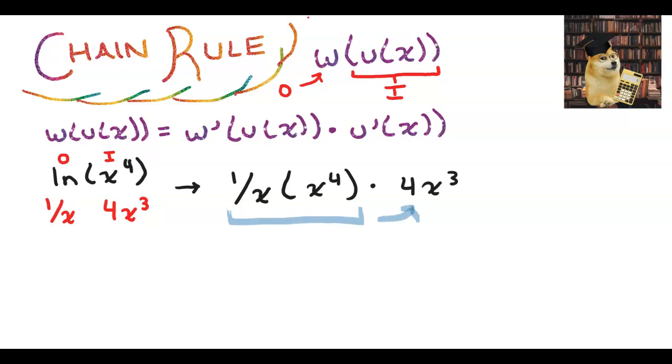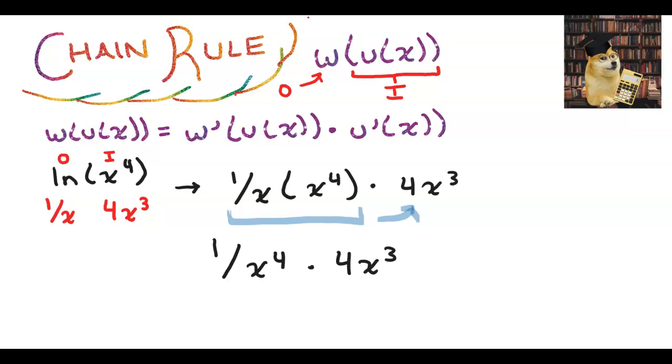So let's do it. 1 over x to the 4. In this case, guys, we multiply the x because we have that value missing. So x times x to the 4 becomes 1 over x to the 4. We are just missing one value to plug in, 4x to the third power.